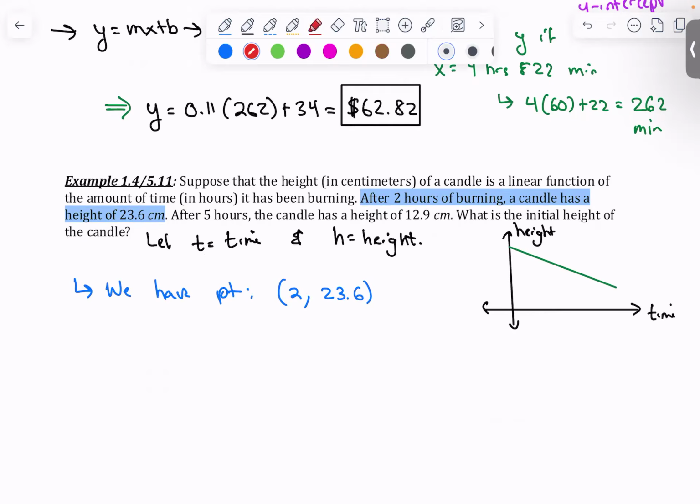And from the red, after 5 hours, 12.9 centimeters, we have the point (5, 12.9). And so as Matthew suggested, we're going to find the rate. We're going to find the slope by using the slope formula.